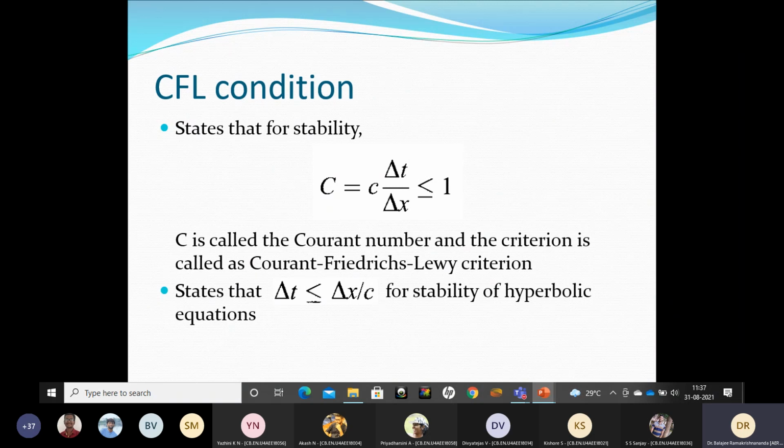So capital C is called the Courant number. The criterion is called the Courant Friedrichs Lewy criterion, the CFL criterion. It states that delta t is less than or equal to delta x by c for stability of a hyperbolic equation.